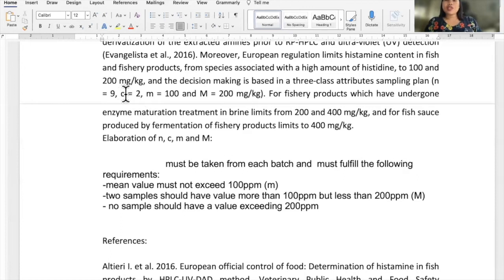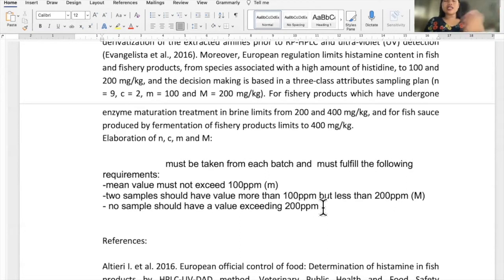So ito sinabi ko na parang critical number of samples na hindi dapat magkaroon ng dalawang sample na more than 100 ppm. But if there is one sample, isa lang na sample mo is 200 ppm and up, rejected na yung product. Pag may dalawang samples ka na 100 plus but below 200 yung histamine content, nare-reject din yung product.